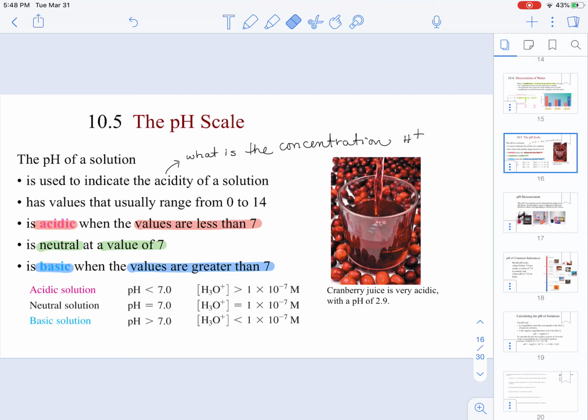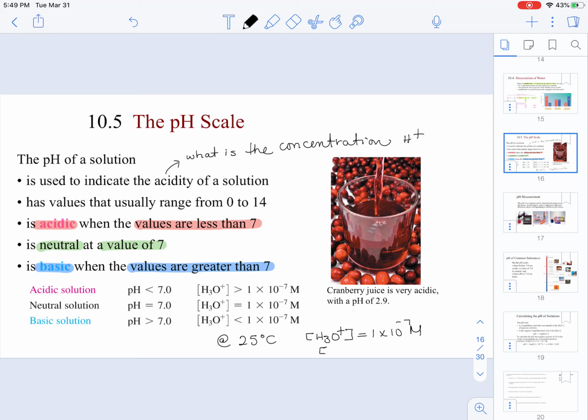For those of you who are wondering where we get these values, it has been observed experimentally that if you measure the concentrations of H3O+ and OH- in water at room temperature, so I'm just going to write that down, at 25 degrees Celsius, the concentration of H3O+ in water is 1 times 10 to the negative 7 molar.